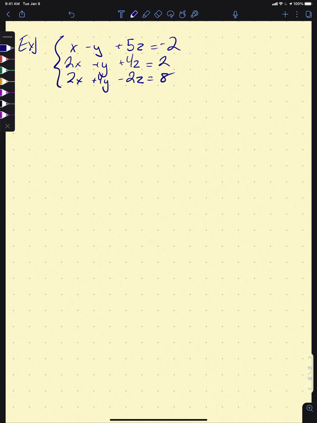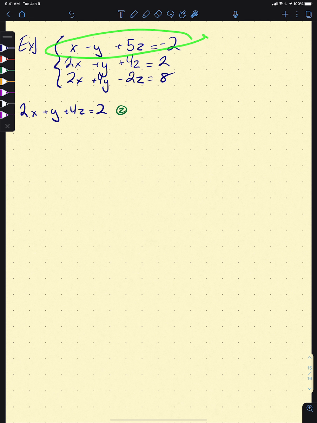Okay. So let's just move along the way that we have been. Let's look at equation 2, 2x plus y plus 4z equals 2. And we want to use equation 1 to get rid of this, right? And so we should multiply that by, it looks like, negative 2.